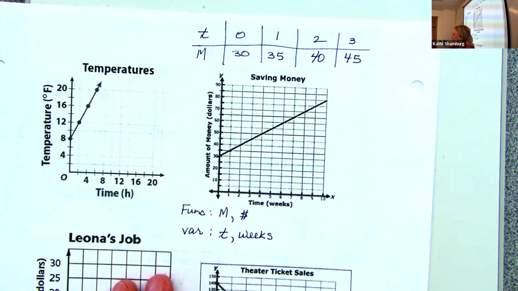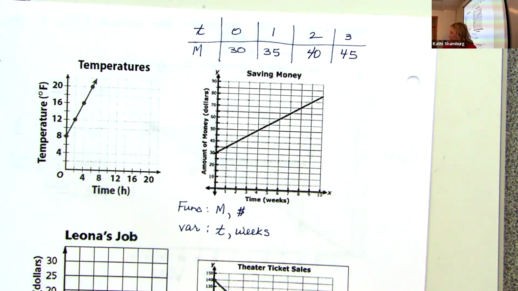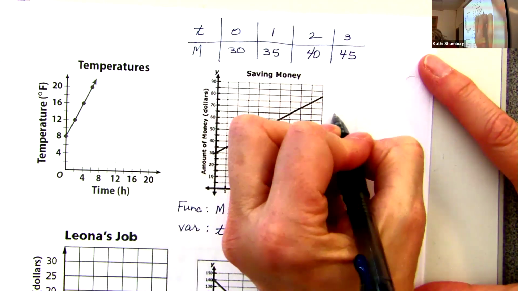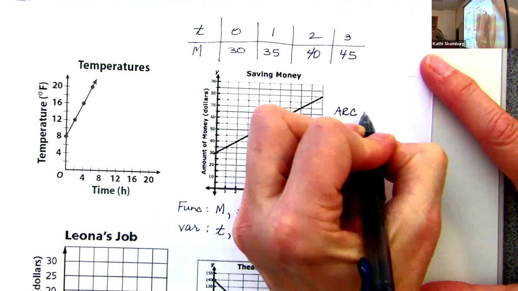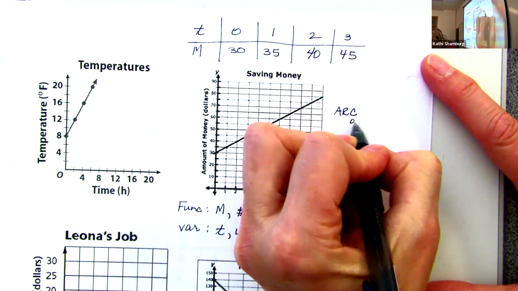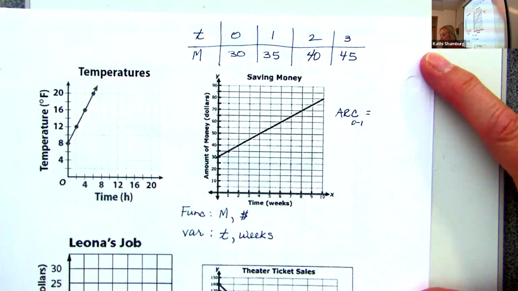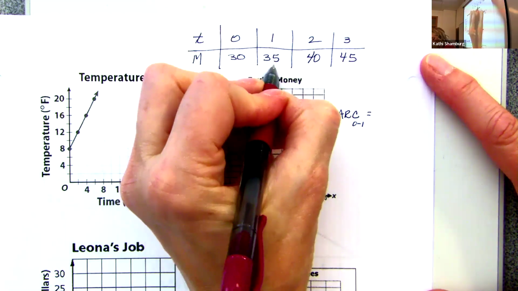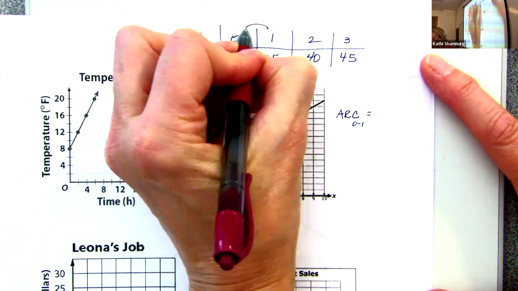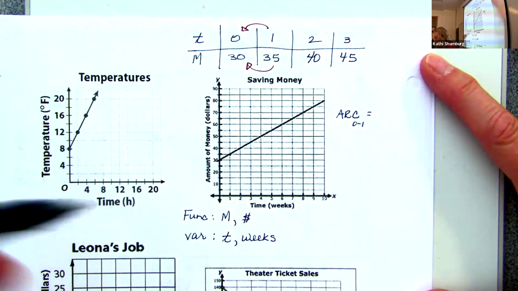Okay. All right, so let's think back to how we calculated the average rate of change, and I'm going to do it from 0 to 1 weeks. So we do the change in the function over the change in the variable.